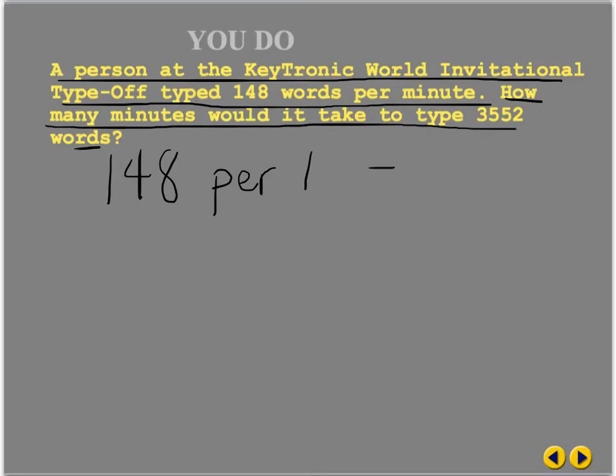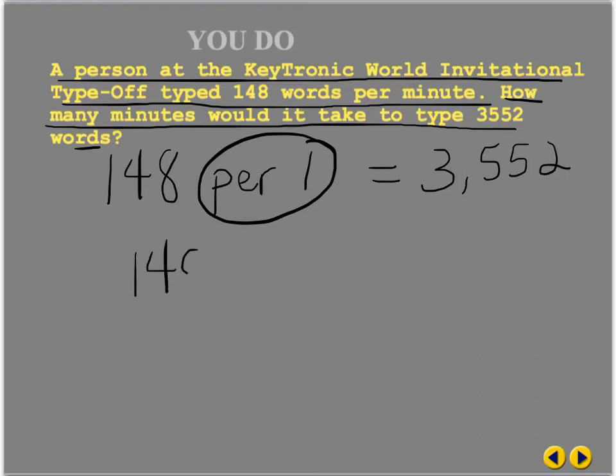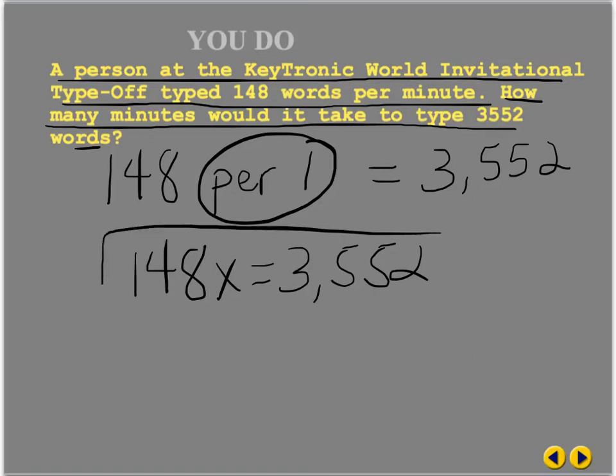We want this to be equal to 3,552. Here is where we don't know. We have per one, but here we want to know how many minutes, so I'm going to substitute the letter x, or any other variable of your choice. So we just translated this verbal sentence into an equation.